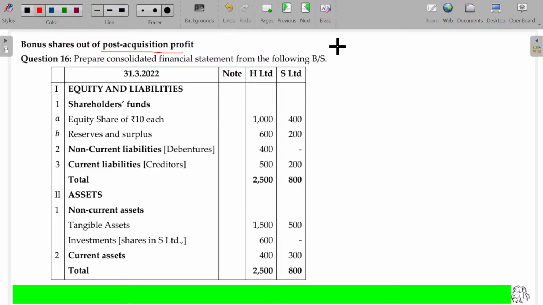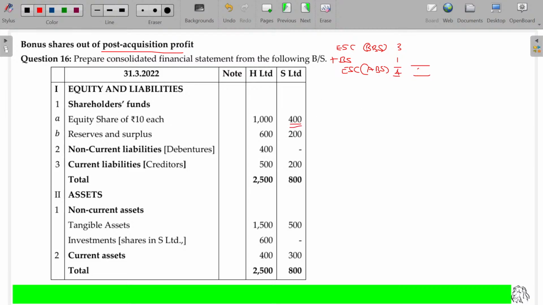Now, equity share capital before bonus share, bonus share offered, then equity share capital after bonus share. If you hold 3 shares, you will get 1 additional share, then you will be having 4 shares.